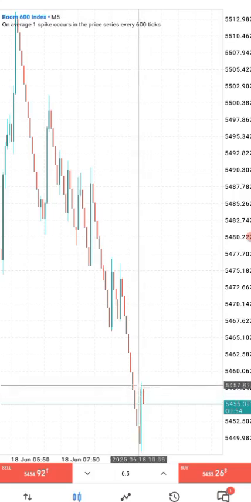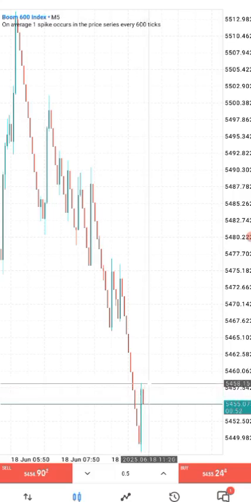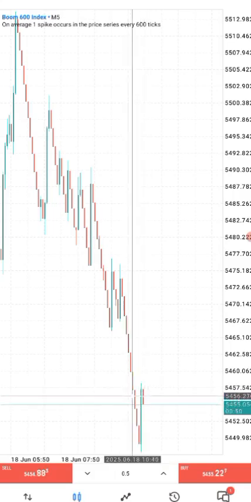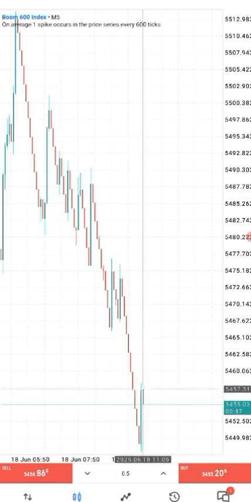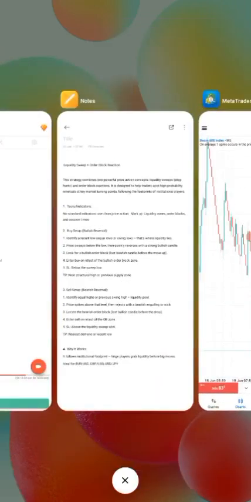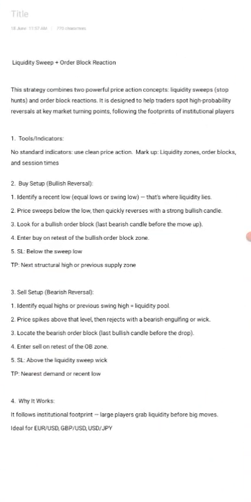This is where the liquidity is. You need to check it, and make sure the low is where the liquidity always is.